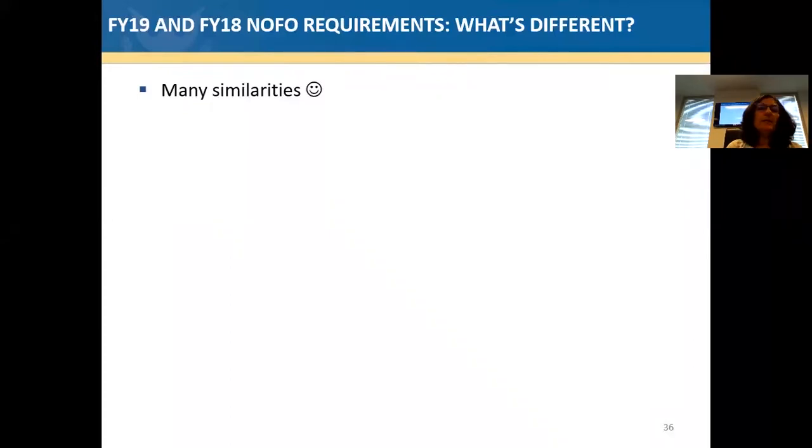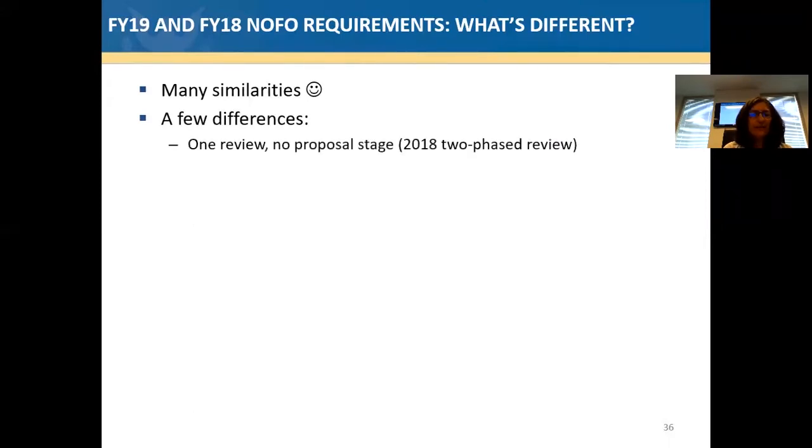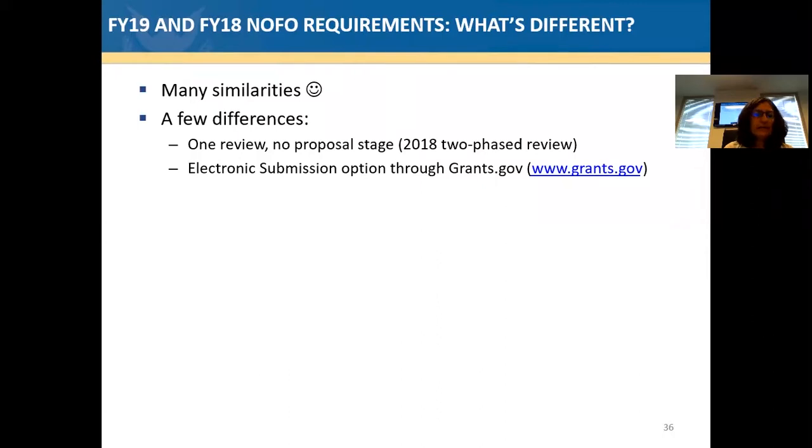So what's different between our 2 NOFOs? Actually, most of it is quite similar. What is different is that with the 2019 there is no proposal review. With the 2018, it was a two-phase review. In the 2019, we're asking for electronic submission.